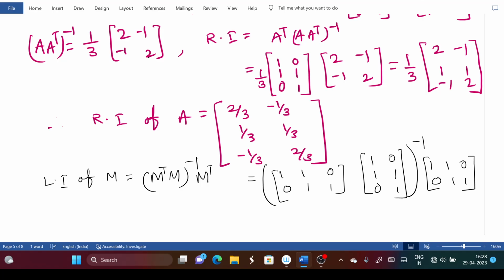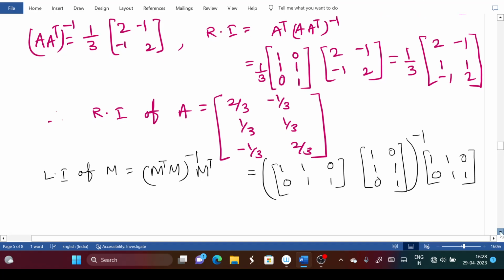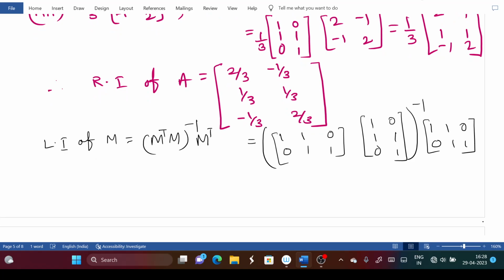Okay, so now what is it? This matrix we have already obtained in the previous value, and its inverse is 1 by 3, 2 minus 1 minus 1, 2. This into 1 1 0 0 1 1. Let us calculate.